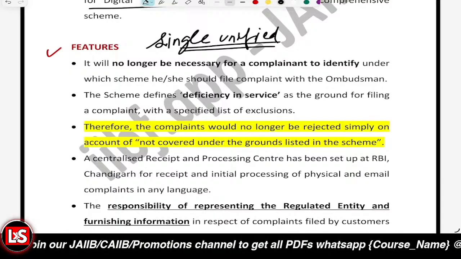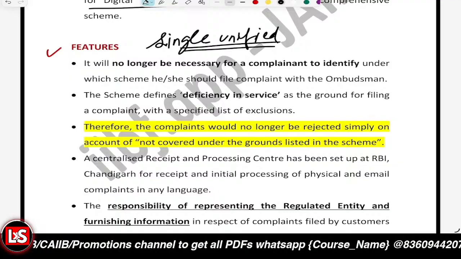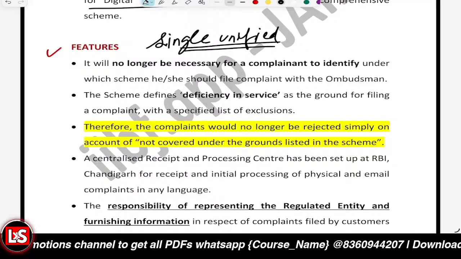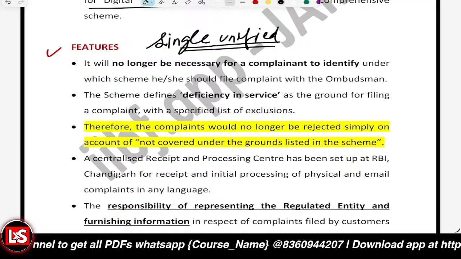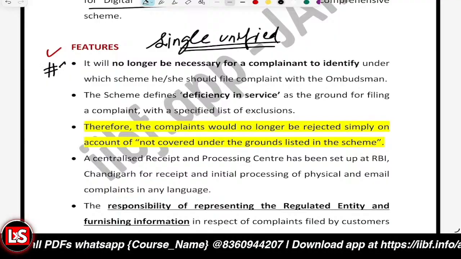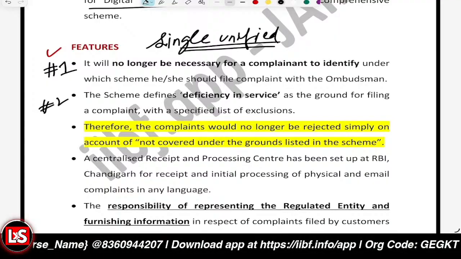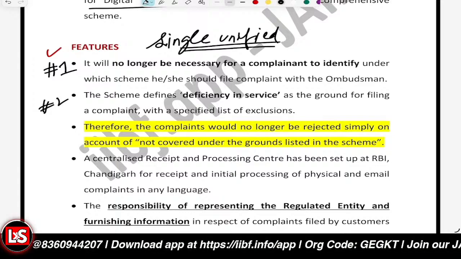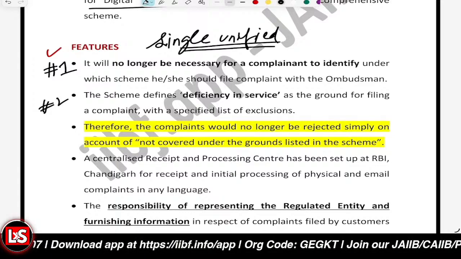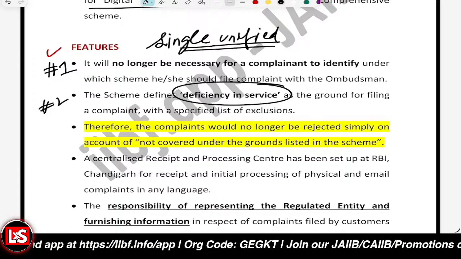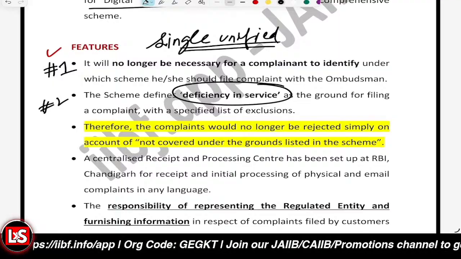They do not have to identify which particular scheme they are to go to. So it's a single unified scheme. The second thing is that complaints are filed based upon deficiency in services.